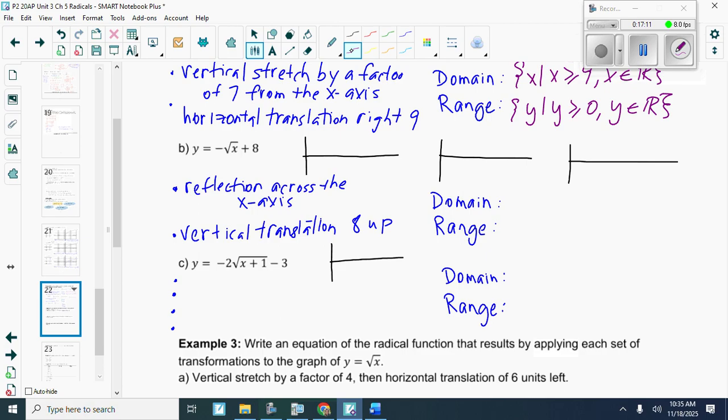So again, if I were to draw my regular function, this is what it would look like when it's reflected across the x-axis. It just gets mirrored underneath the x-axis, and then we have to move it up 8.